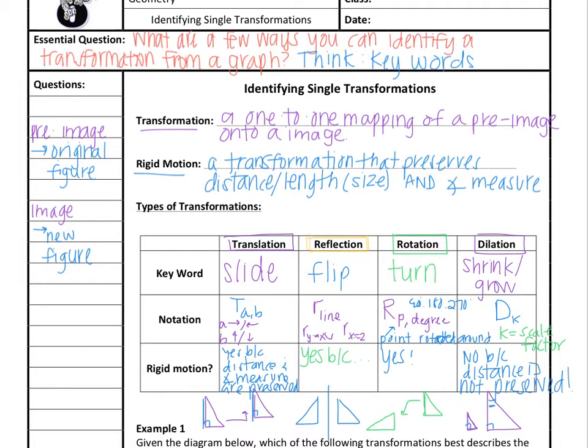One more quick thing that I want to mention about rotations off to the side here is that rotations go counterclockwise, meaning to the left, if it's a positive degree.